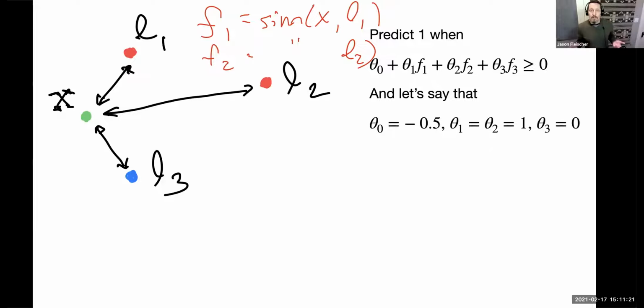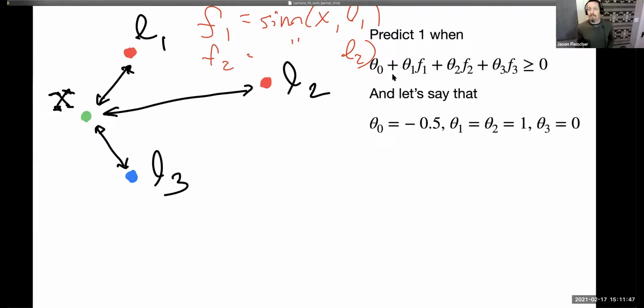So now what we can do is take the location of x with its similarity metric to each one of these landmarks and use that as the decision boundary. Okay, so we're going to predict 1 if and only if we go over a threshold on the summation of all of these similarity measures.